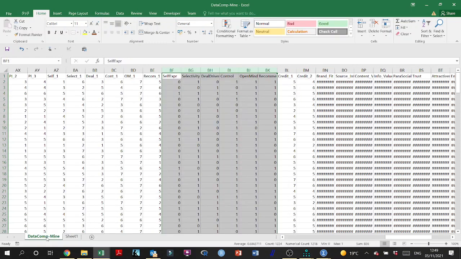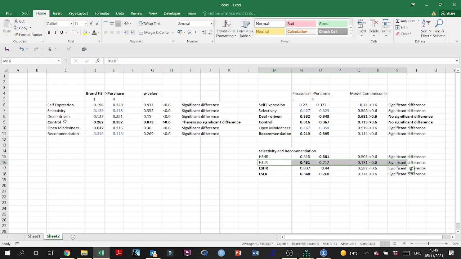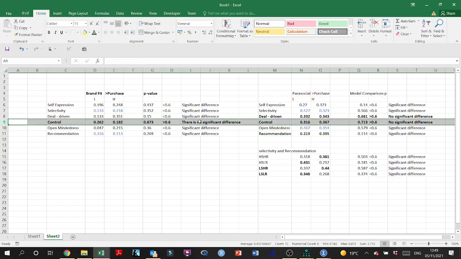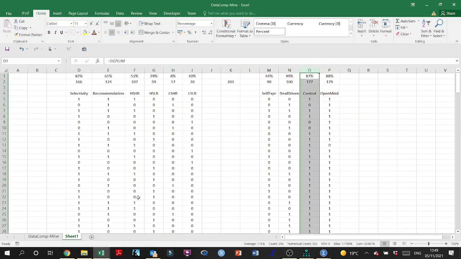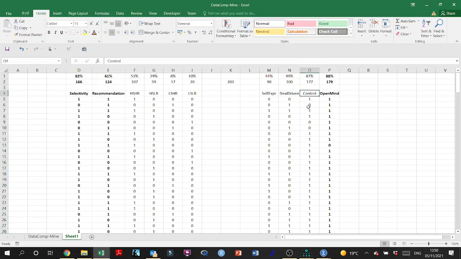We can't do anything with control because in our study, if you remember, control showed no significant difference in the groups on purchase intention. So that will leave us focusing on open-mindedness and these two. Because control, we couldn't find a significant difference between the groups.